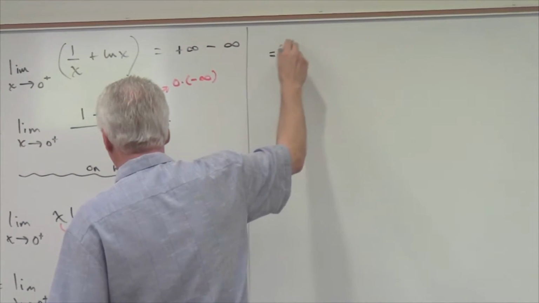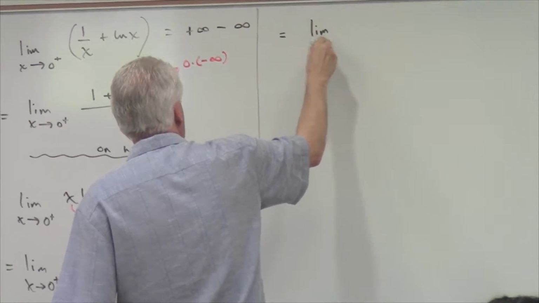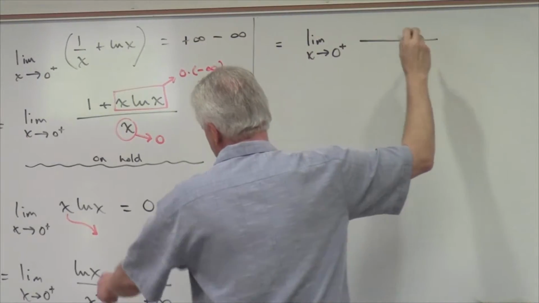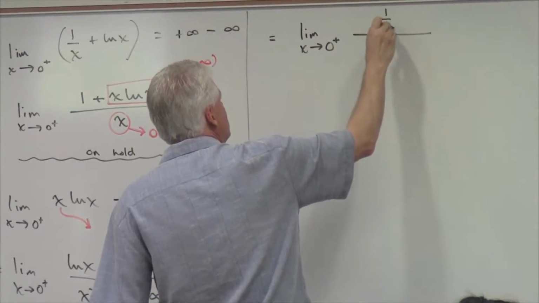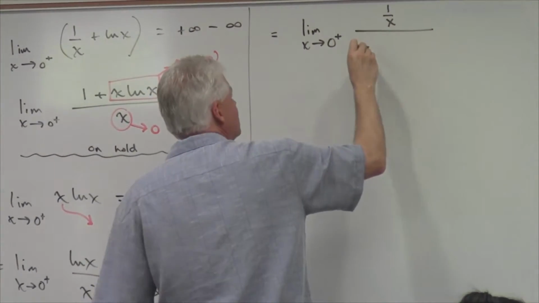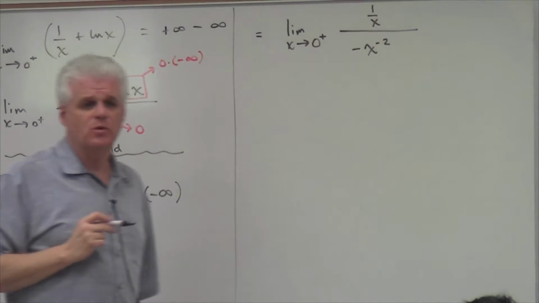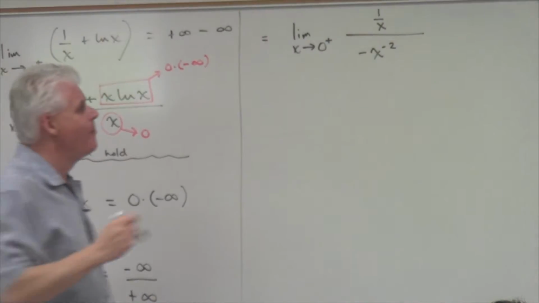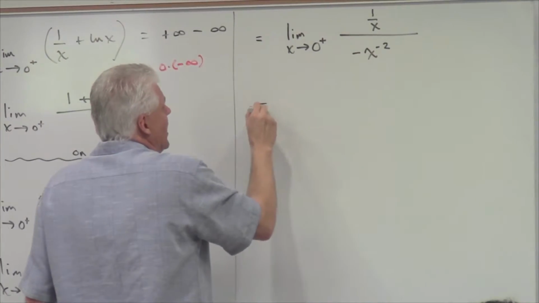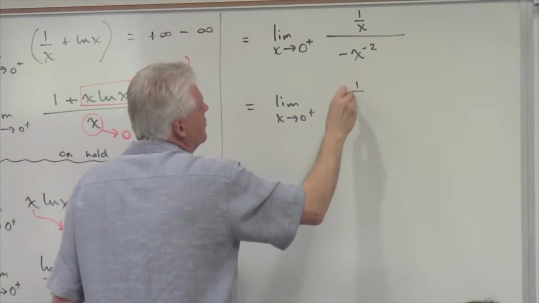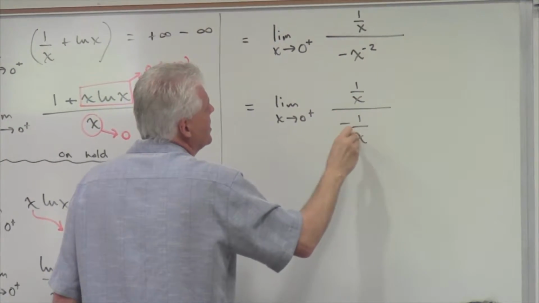and I get the limit as x heads towards 0 from the right of the derivative of log x, which is 1 over x, divided by the derivative of x to the negative 1, which is negative x to the negative 2. Rewrite that. That's the limit as x heads towards 0 from the right of 1 over x over negative 1 over x squared.